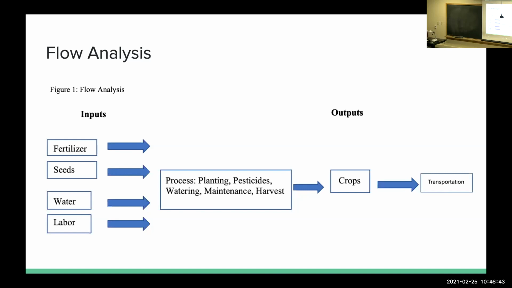Okay, yeah, I got that. But what we really need are some numbers. How much fertilizer, how many seeds, how much water, how much labor, how much time goes into the process, or energy. And then for crops, what would the yield be, in terms of maybe pounds per acre or dollars per acre, that kind of thing.